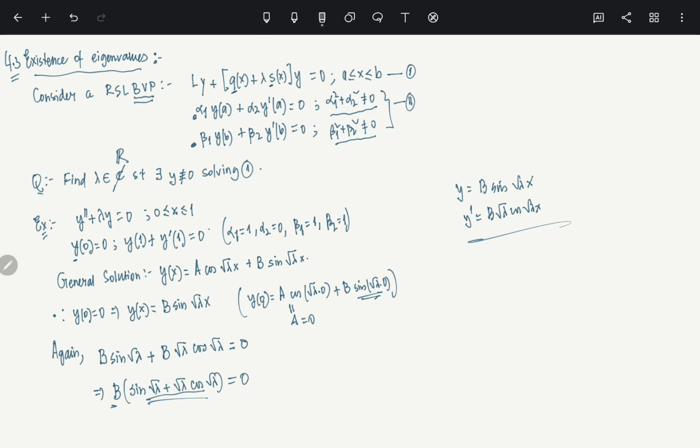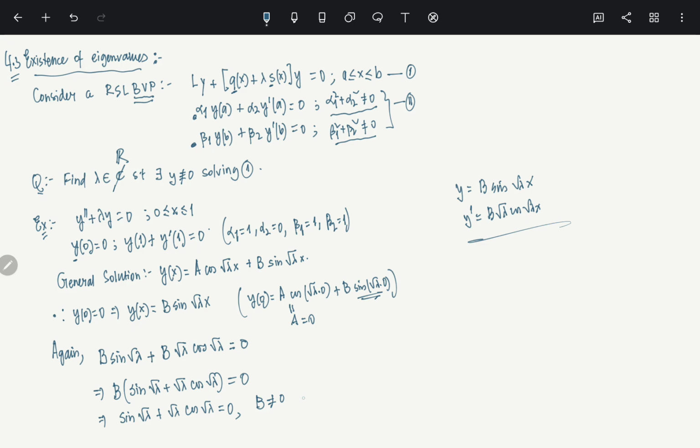But if b is 0, then a and b are both 0, and that is not going to give us the eigenvalue. So hence sine of root lambda plus root lambda cosine root lambda equals 0, and b is of course non-zero, because we are looking for a non-trivial solution.